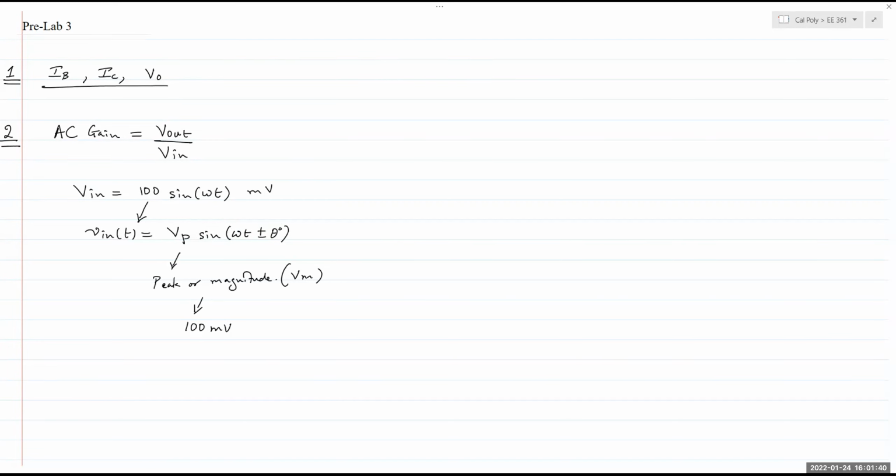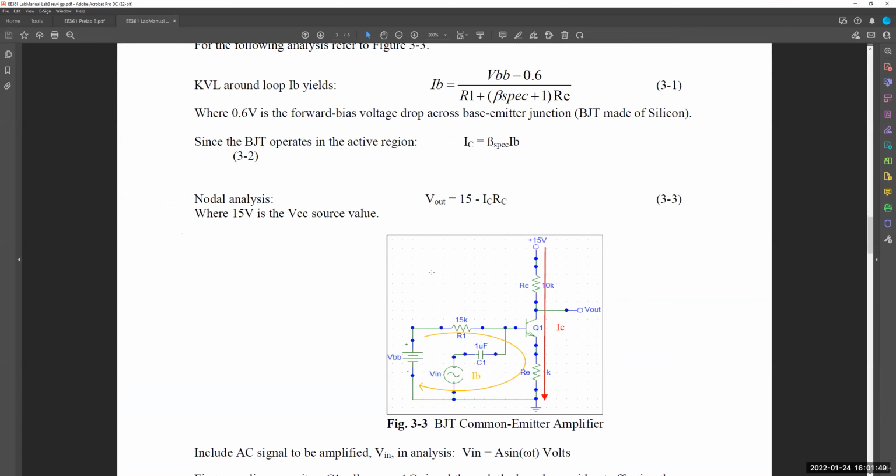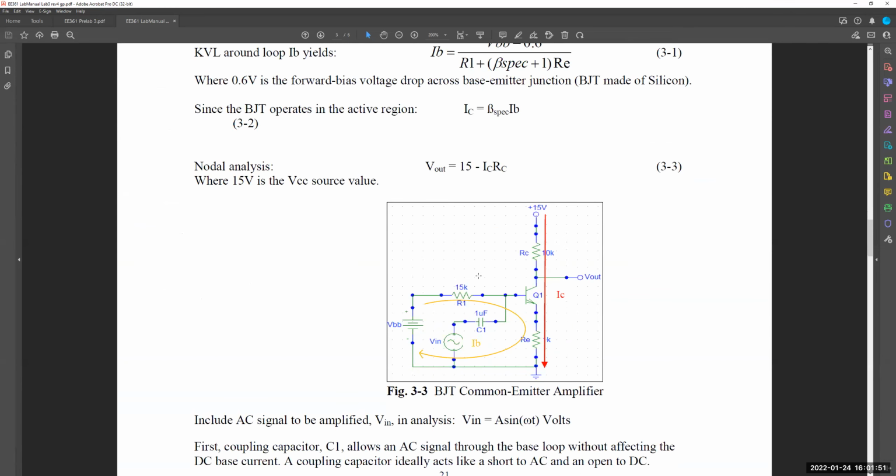Well, to do that, let's take a look at the lab write-up and see if we can find an equation for V out. Well, there it is. VCC minus ICRC, because look where V out is connected. V out is connected to the collector terminal, and so it's measured between the collector and ground on the circuit.